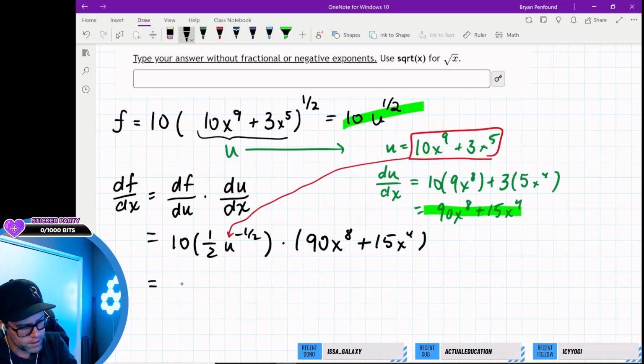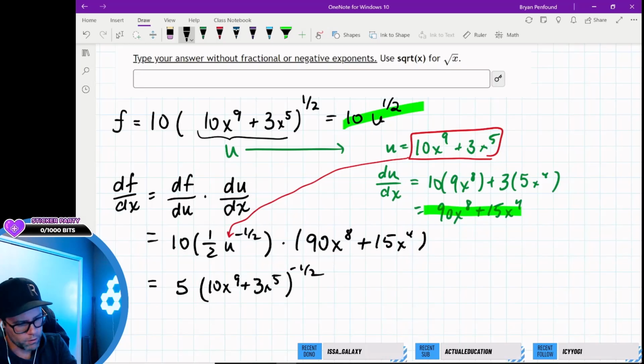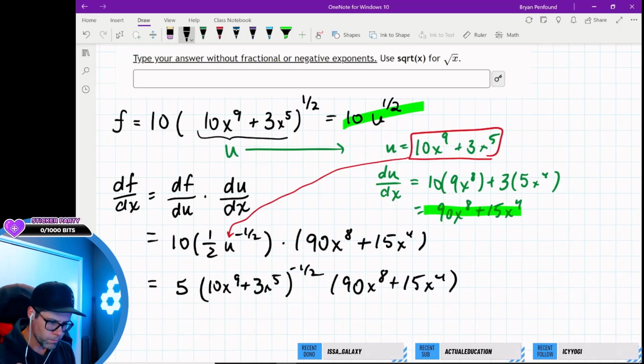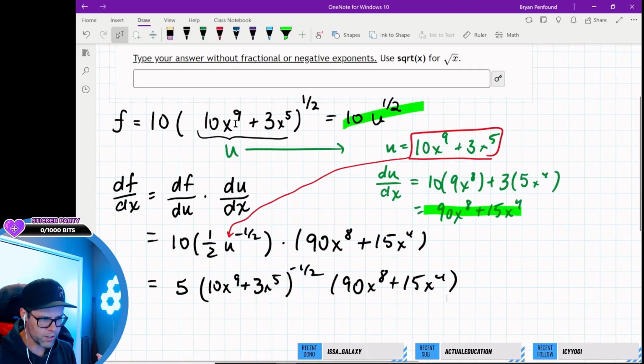So that should give us 10. Well, we can probably get rid of this 10 and this 1/2. Let's write this as 10 divided by 2, or 5. And then we're going to have 10x to the 9 plus 3x to the 5 to the power negative 1/2, times this other derivative that we found in green. Now, from here, I think it just says we want no fractional or negative exponents.